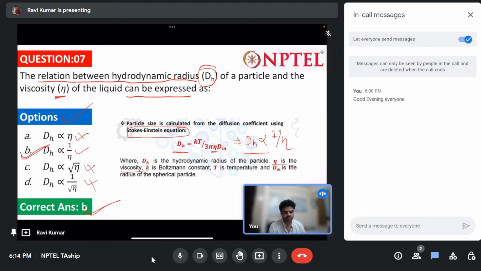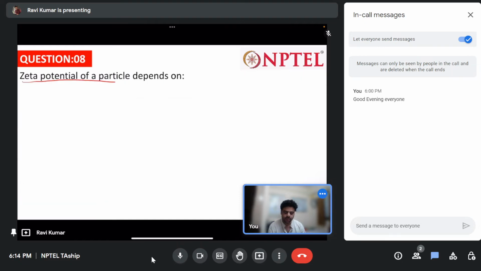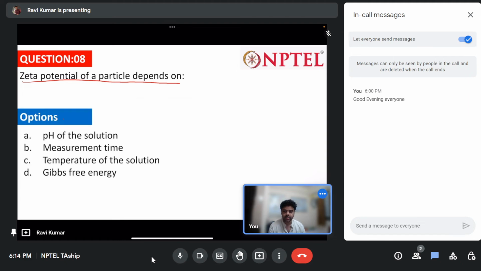So let's move to the next question, which says zeta potential of a particle depends on. These are the options.